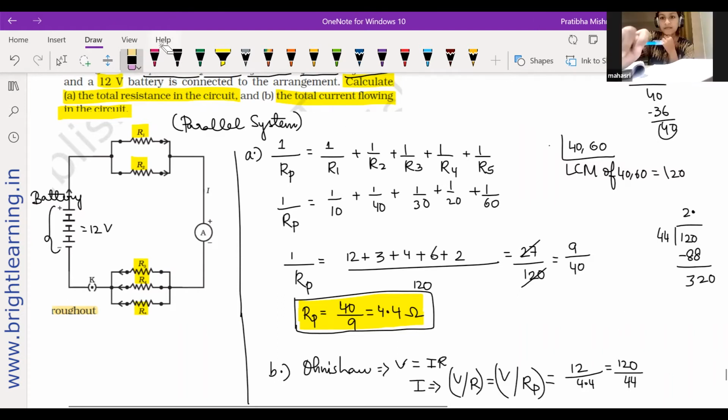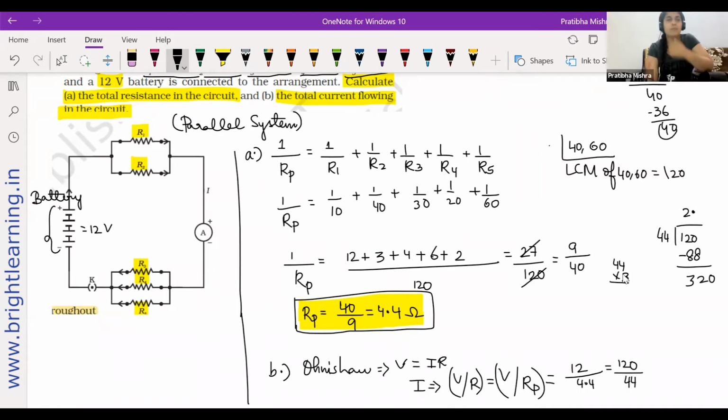44. Very good. Yes, 2.3. Yes, it will work out. Okay, sorry, not 2.3. 2.7, no? Something like that it should be. 44 eights are we did, right? So 44 into 7 we will do then. Okay, yeah, this will work out. If you have already got the answer, very good.